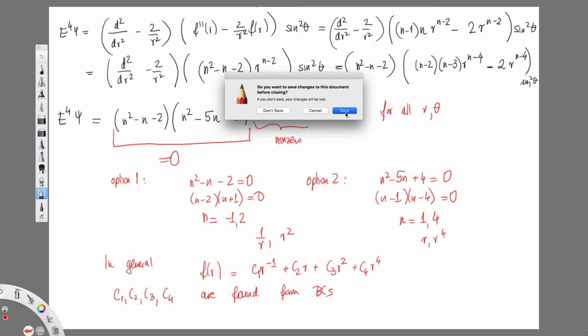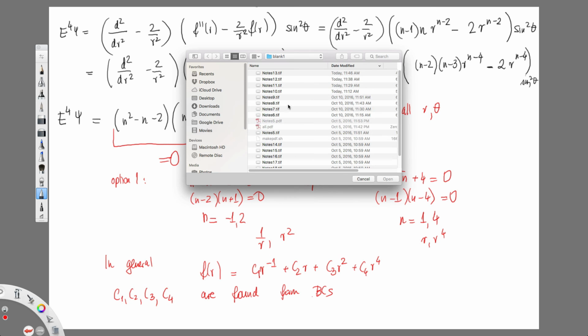Okay, so my first boundary conditions are in terms of VR. So when I actually apply, VR of r theta is minus 1 over r squared sine theta applied to f of r times sine squared theta, right?